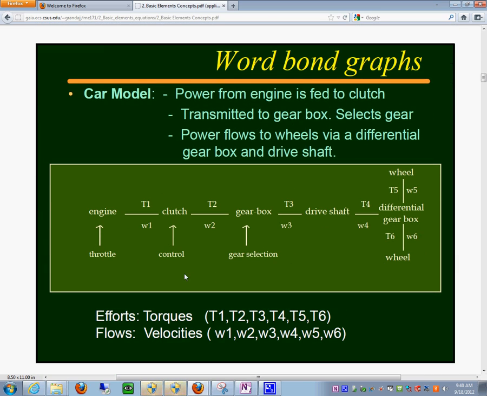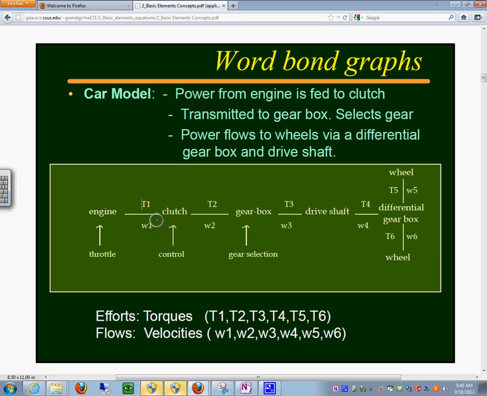If you have an entire car now, not just that starter system, you see you have in here the engine, and it has the throttle, of course, that controls the engine, but that sends the power to the drive shaft with the torque and an angular velocity.